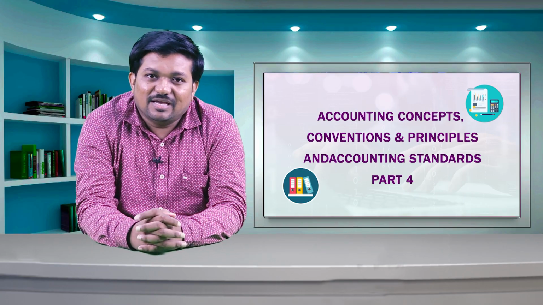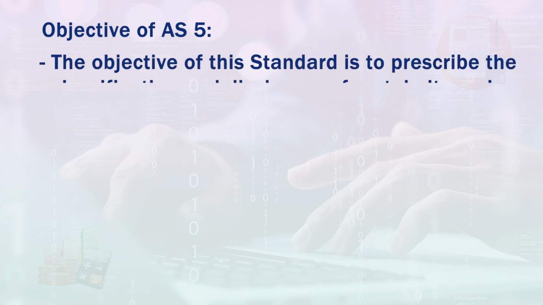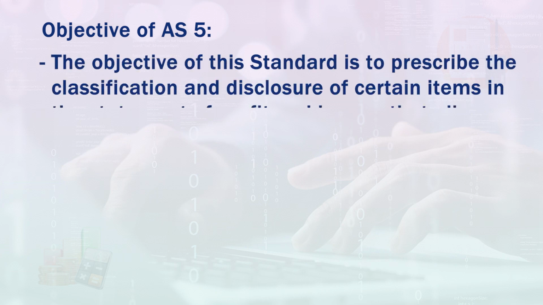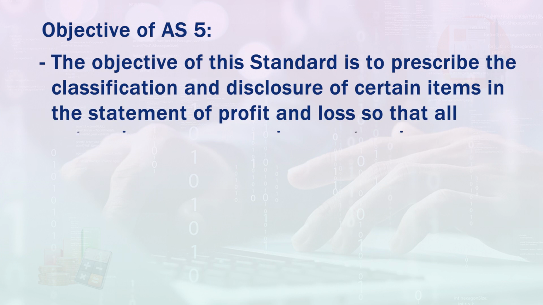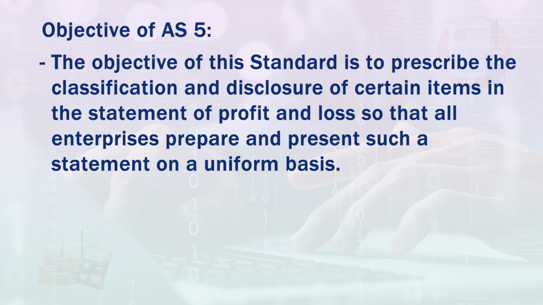Now, we will see the objectives. The objective of this standard is to prescribe the classification and disclosure of certain items in the statement of profit and loss, so that all enterprises prepare and present such a statement on a uniform basis.